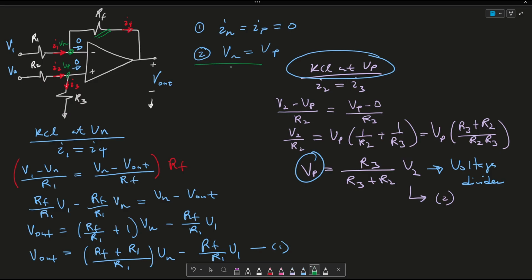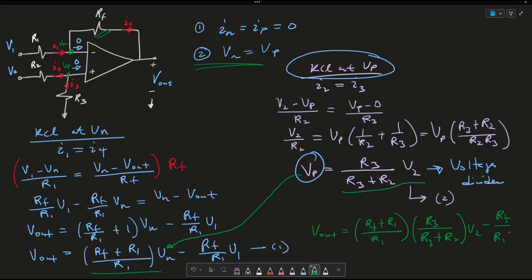Let me call this equation 2. So now we know that from condition number 2, Vn is equal to Vp. So then we could plug Vp into here. And we get that Vout is equated to this RF plus R1 over R1, which comes from here, times R3 over R3 plus R2 times V2, which comes from here, minus RF over R1 V1, which comes from right here.